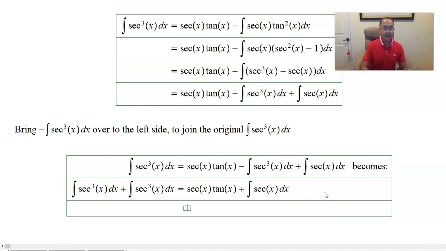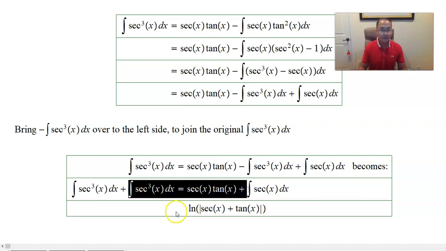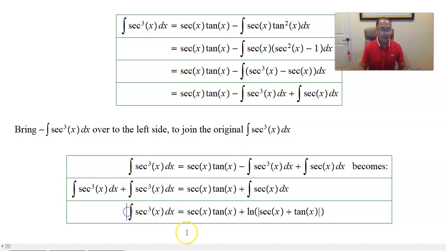Okay, so let's put that on the next line. On the left, there are two of them, so that becomes 2 integral of secant cubed. Make sure we got everything. Secant tangent is still there. We know that the integral of secant is ln of secant plus tangent.